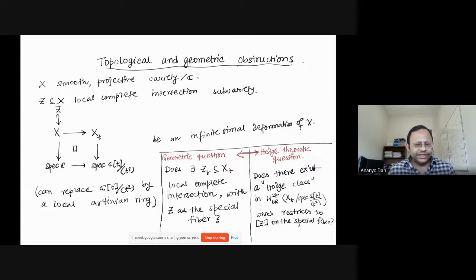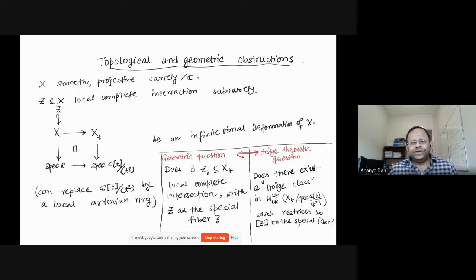For example, in the divisor case, the obstruction always lies in H2 of OX. Now we are going to replace this H2 of OX, for example in the divisor case, by H2 of the local cohomology. We are going to now slowly shift to the local cohomology and show that all this obstruction theory is really captured in the local cohomology setting itself.